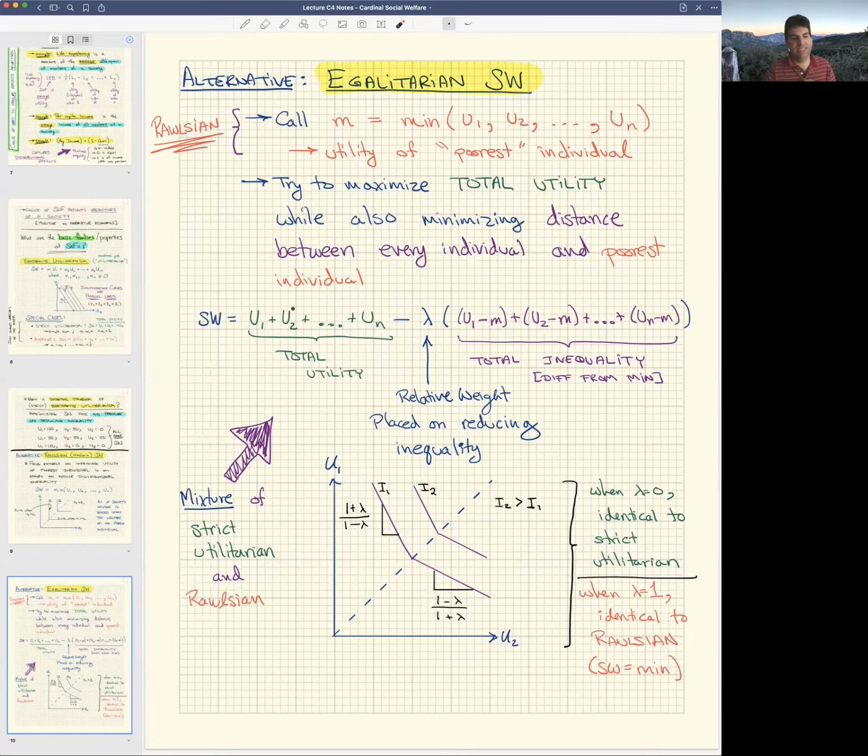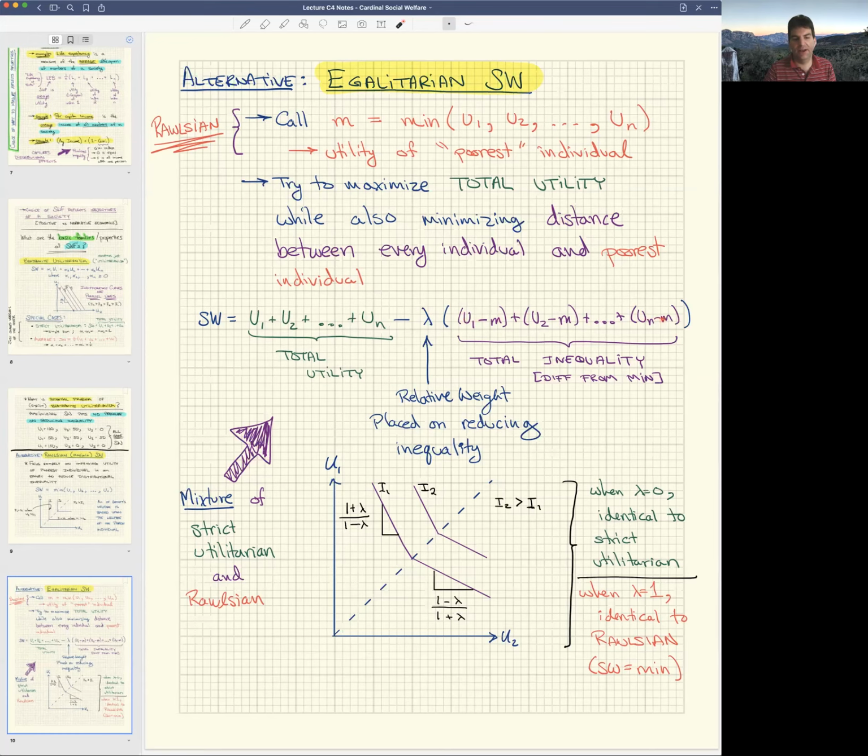What I'm going to do is take total utility down here, and then subtract this coefficient, which I just called lambda. It's a number between 0 and 1, and it is multiplied by the sum of everyone's difference from the minimum. Because it's the minimum, all these numbers are going to be greater than or equal to 0.